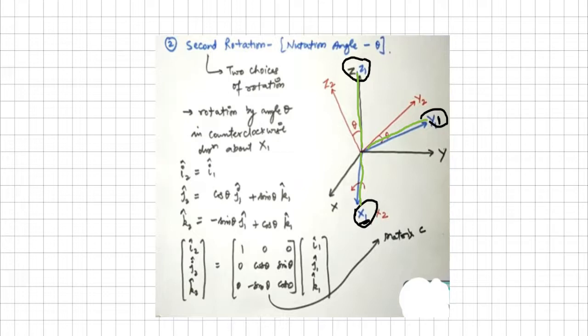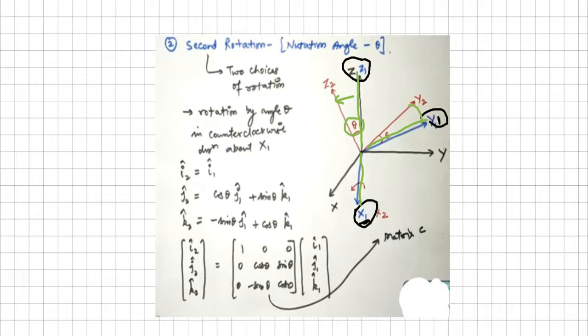So now y1 will get transformed to y2 because we are rotating with an angle theta, and z1 will get transformed to z2. Fine. So now we have another transformation in which the axes have changed. Previously we had x1, y1 and z1. We rotated along the z1 axis, so this axis will not change its position, but the y1 axis and z1 axis would change.